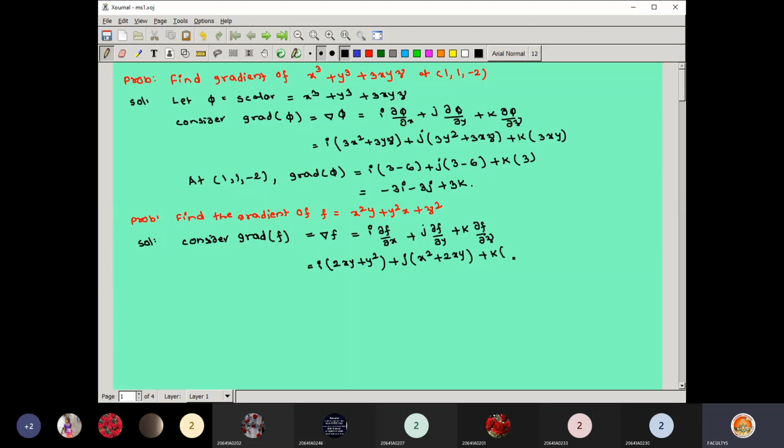Plus k ∂f/∂z, with respect to z: you will have only 2z. A point is not given, so you are just calculating this and that is your final answer. If a point is given, substitute the point. So scalar, after getting the gradient, converts into a vector.